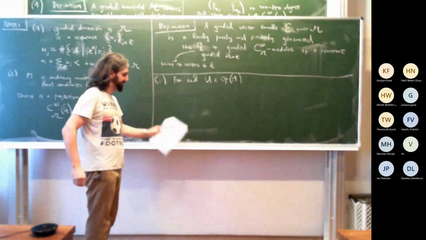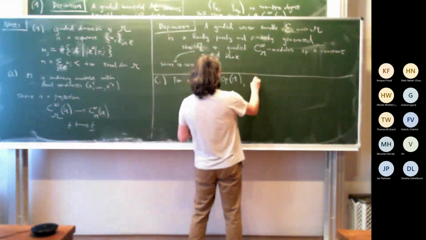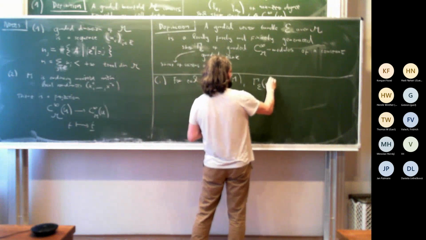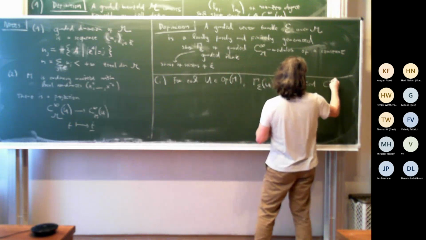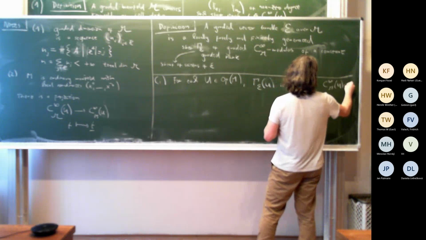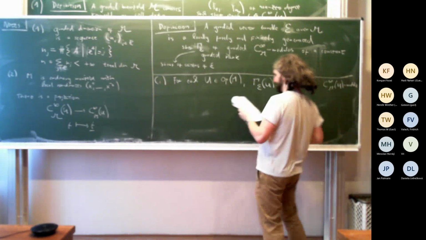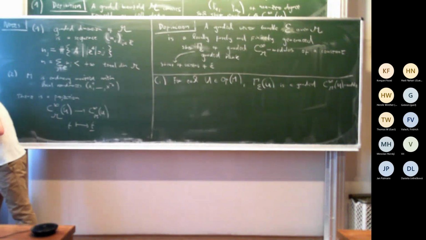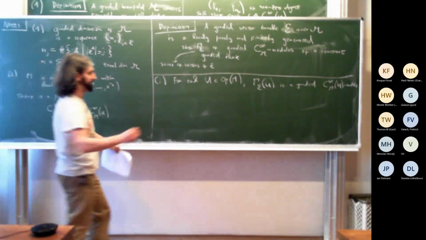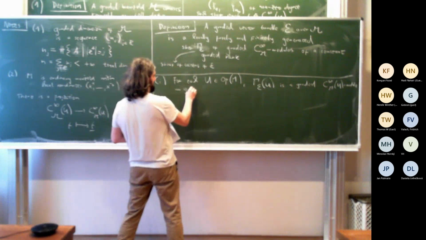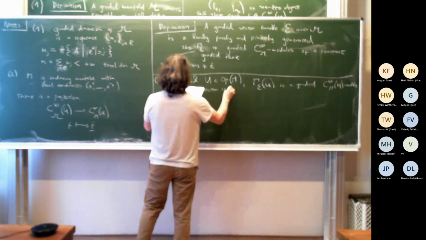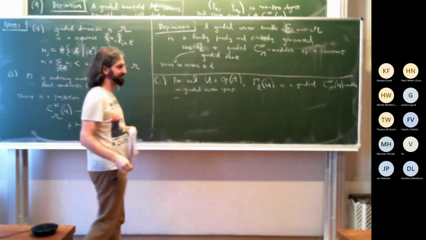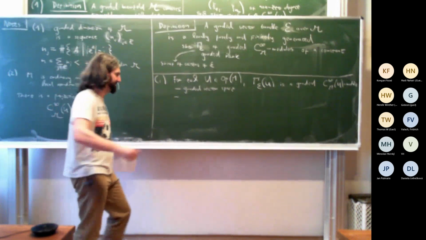For each open subset U, this sheaf evaluated on U is a graded module over C infinity of curly M on U. What does it mean? It means that it's a graded vector space, and I have some action of functions acting on this graded vector space.